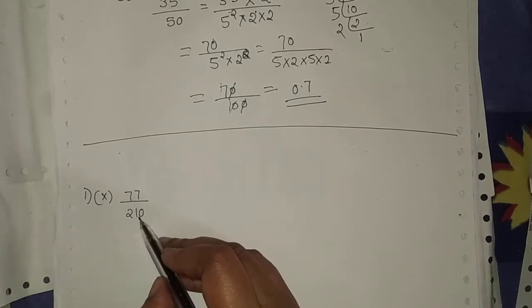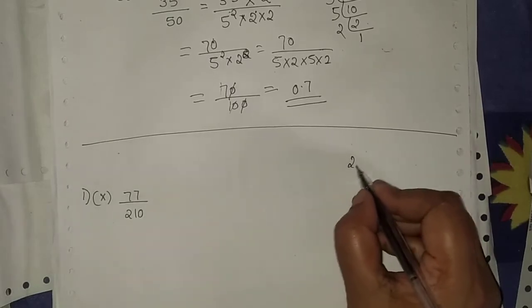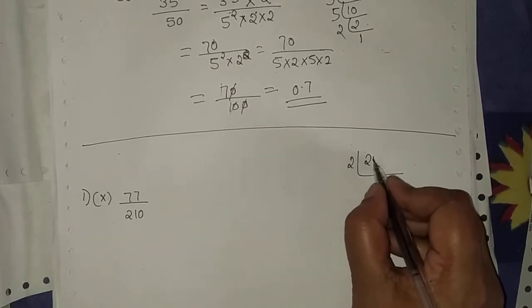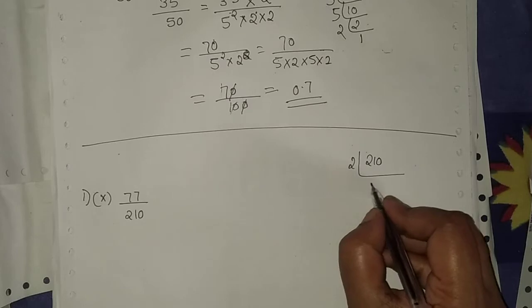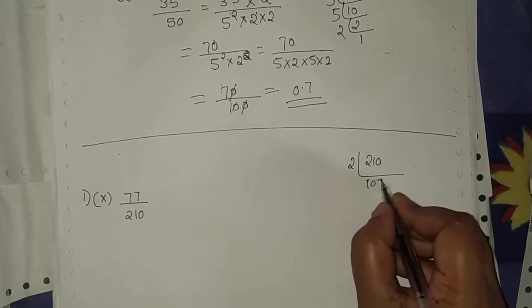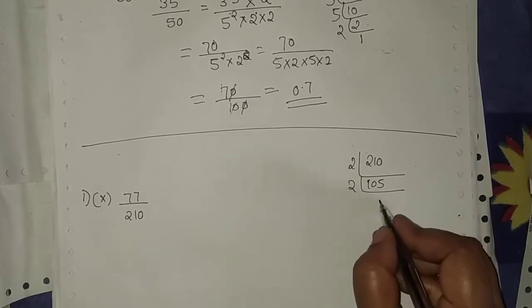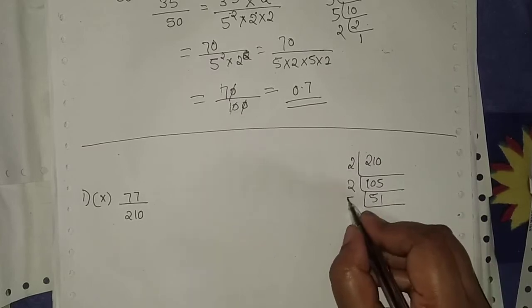So next is the last problem, the 10th problem. The 10th problem is given as 77 by 210. Therefore 2 ones, we'll just see this one, then we get 105, then 2 51s are 51.